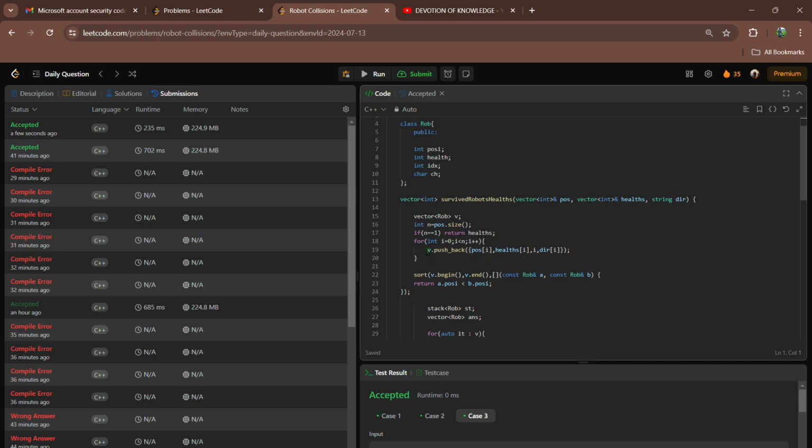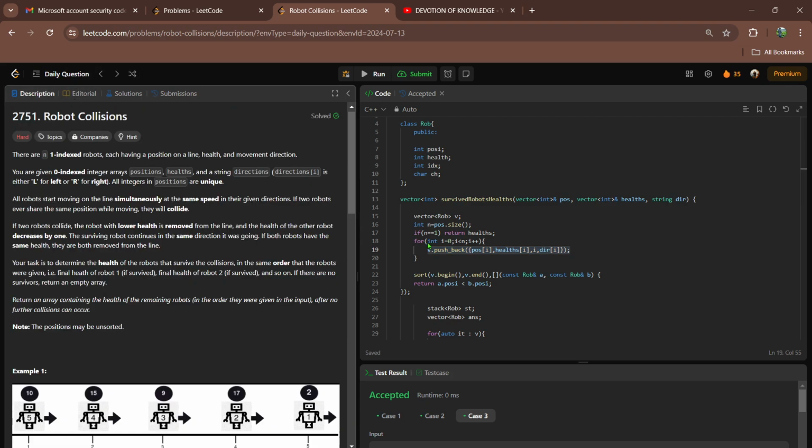I have just pushed back directly. I was also not knowing this way, but I just asked ChatGPT to please make this code concise with and without including any kind of constructor. Is it possible? Then it just gave me this concise form, and it is also easy to write.